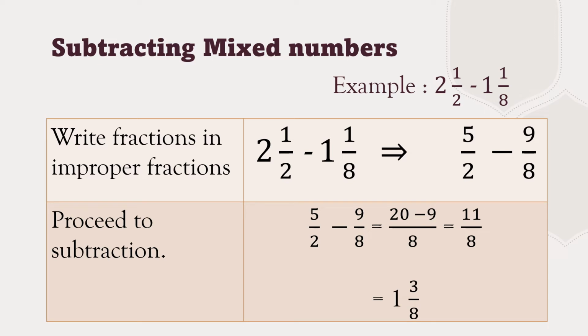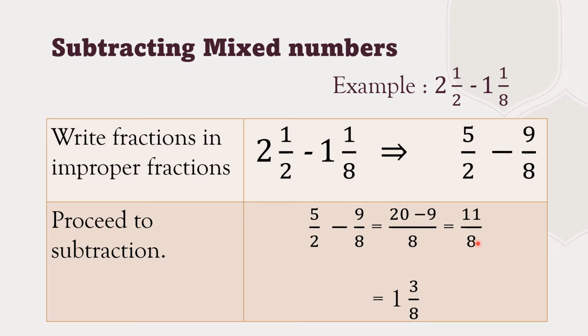The LCD for 2 and 8 is 8. So 8 divided by 2 is 4 times 5 is 20. Let's copy the operation, which is subtraction, the minus sign here. And then 8 divided by 8 is equal to 1 times 9 is 9. So 20 minus 9 is 11, and our denominator is 8.